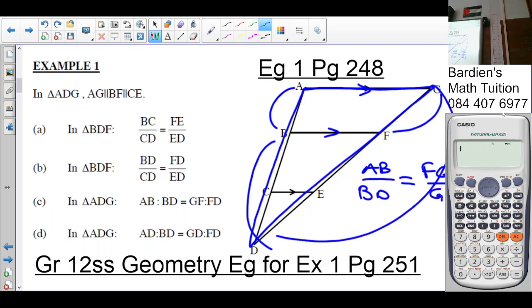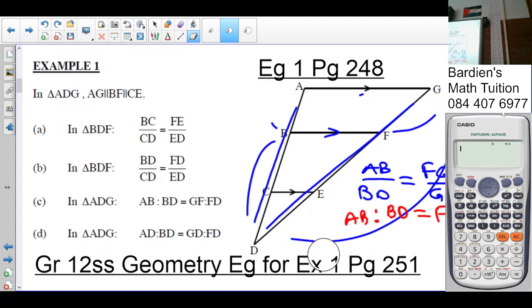Can you see that, people? But here what is given is given in the form of a ratio. So what we can say from here is that AB is to BD as FG is to GD.